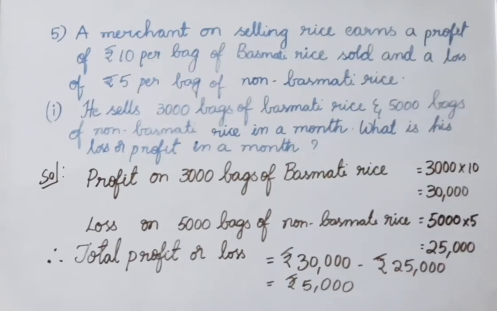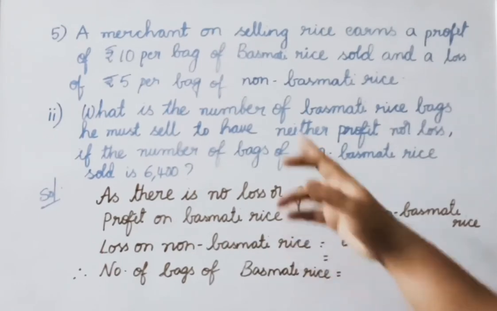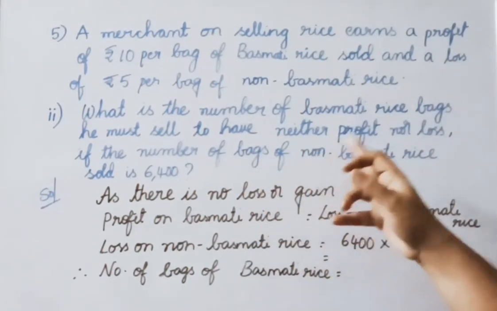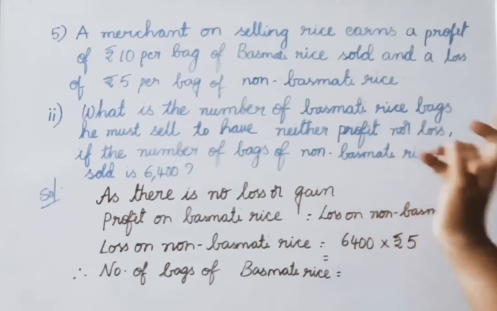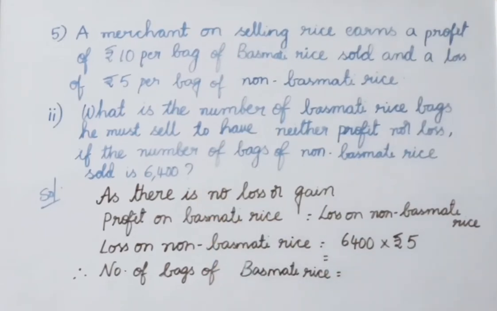Therefore, he gets a profit of 5,000 rupees on selling 3000 bags of basmati rice and 5000 bags of non-basmati rice in a month. See now, fifth question, second sum. What is the number of basmati rice bags he must sell to have neither profit nor loss, if the number of bags of non-basmati rice sold is 6,400?